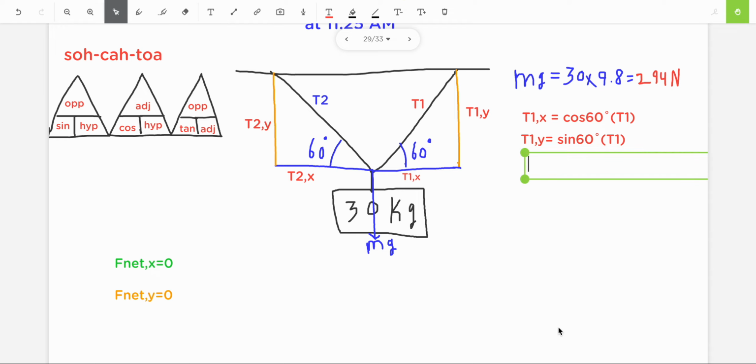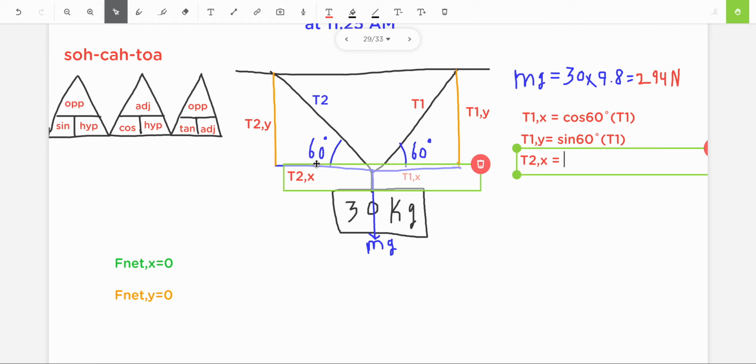Now we will find T2x. T2x is equal to, let's check, adjacent, so we will use cosine of 60 degrees as shown, multiplied by T2.